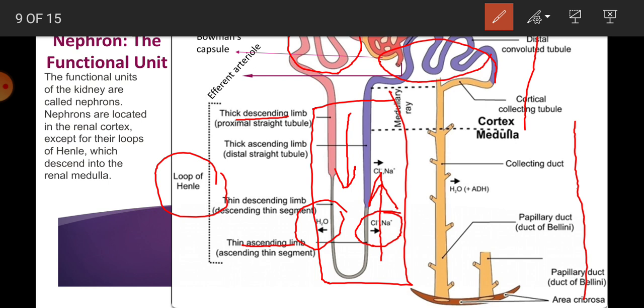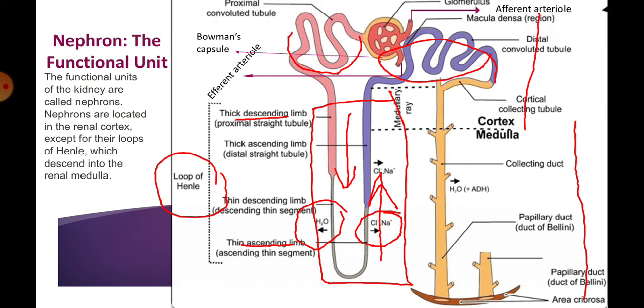And then the next part is called the distal convoluted tubule. This tube is also curved, that's why it is called convoluted, and distal means far away. So this tubule is distant from the glomerulus, that's why it is called distal convoluted tubule.